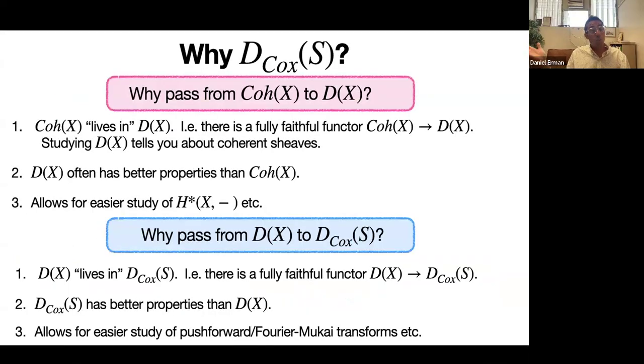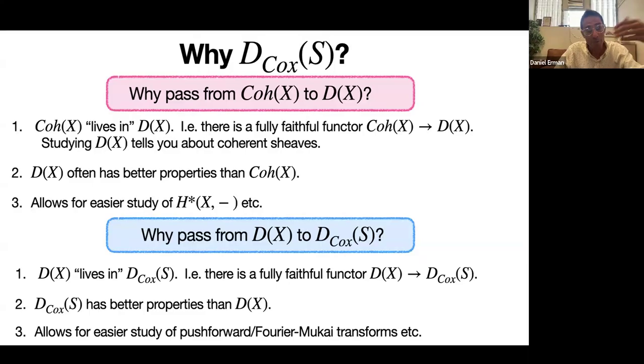Maybe I should tackle the question, why do we do this? Why pass all the way to D-Cox? And I think the answer was staring me in the face, the more I thought about it, which is that it's very similar to why people pass from coherent sheaves to the derived category.